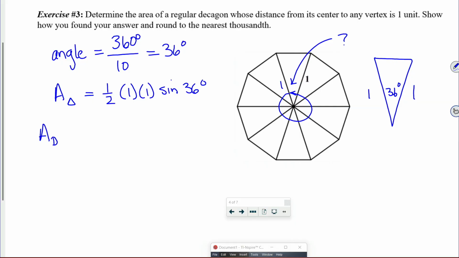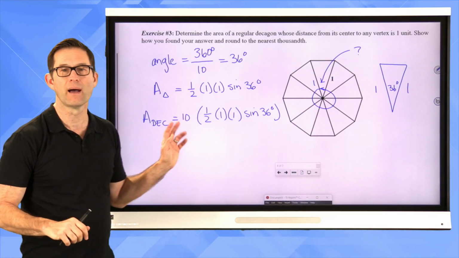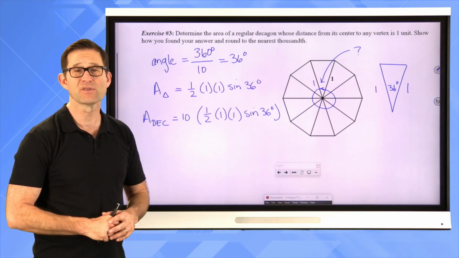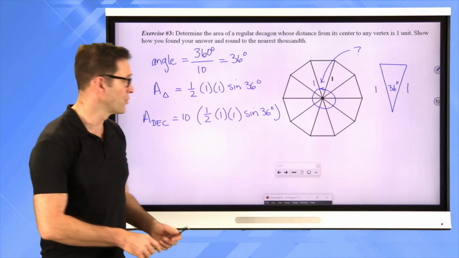So now my area of my decagon is going to be 10 times 1/2 times 1 times 1 times the sine of 36 degrees. And if I really wanted to, I could do the 10 times the 1/2 times the 1 times the 1 and figure that out. I'm just going to slap this all into my calculator. That's all I'm going to do, right?